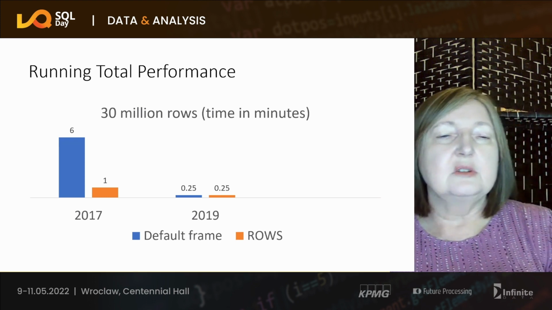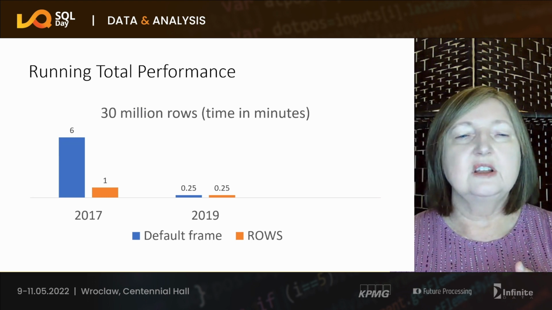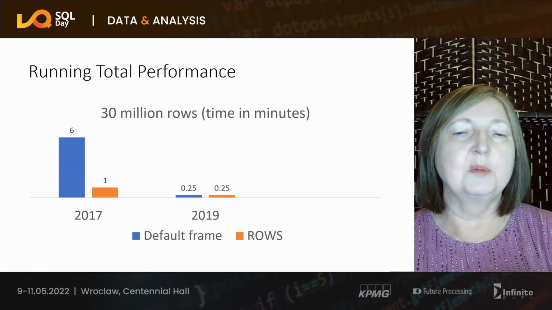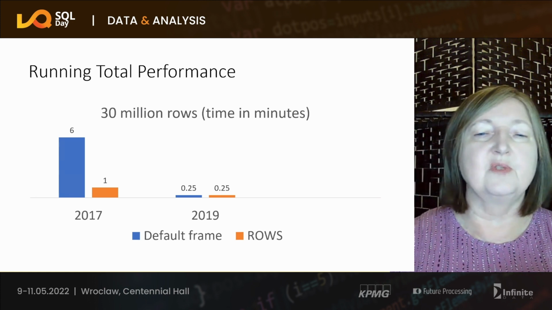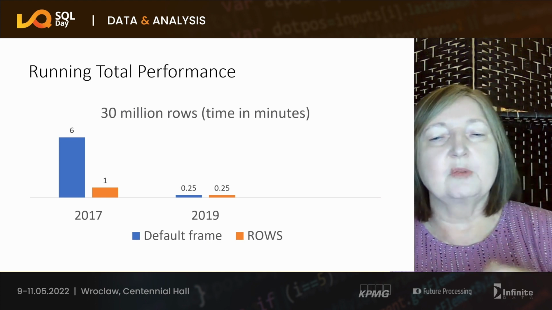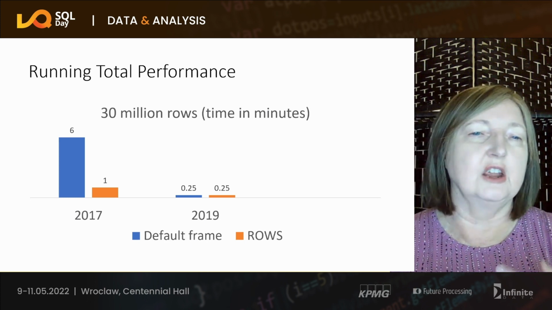When I changed the compatibility level to 2019, both of them improved. I get better performance whether I use the default frame or used rows. So I got better performance in each case.